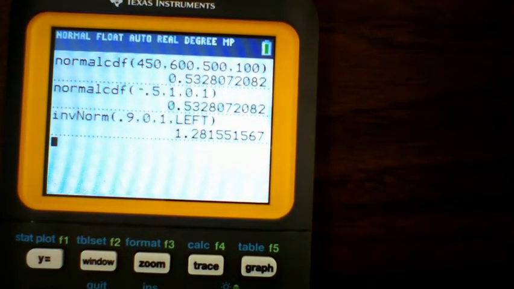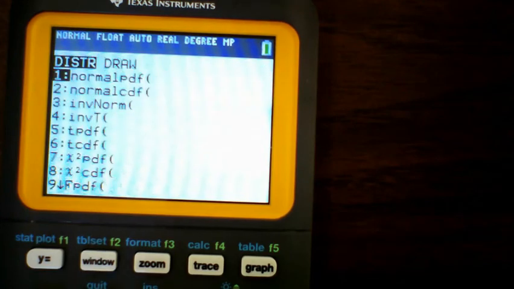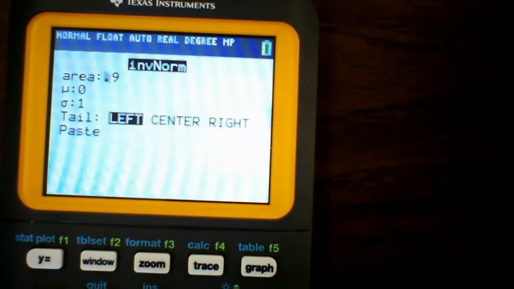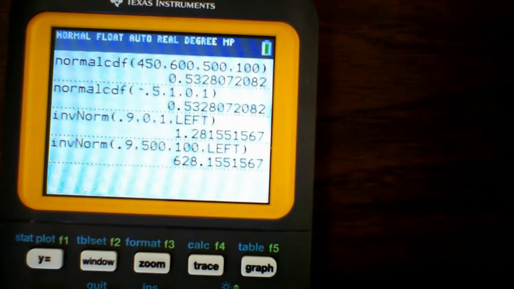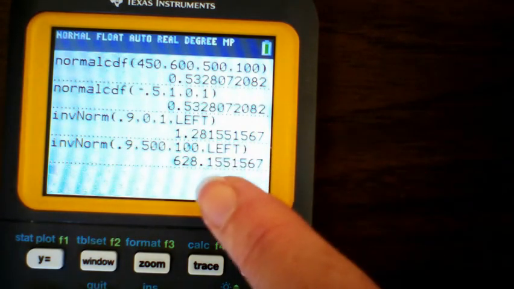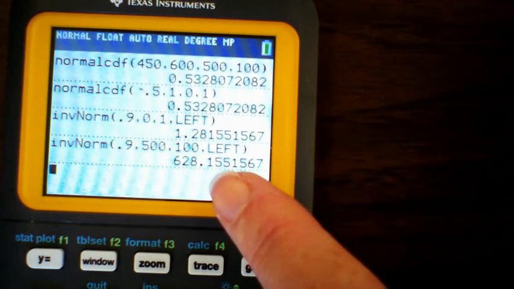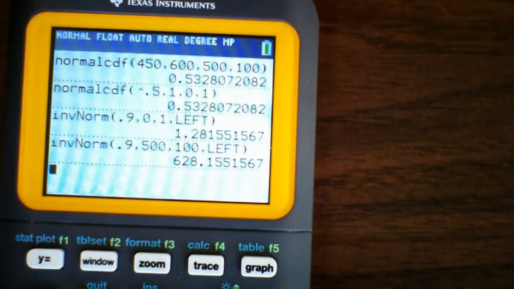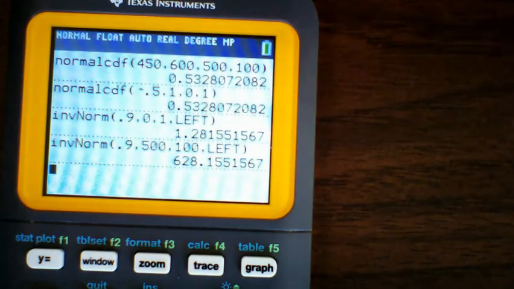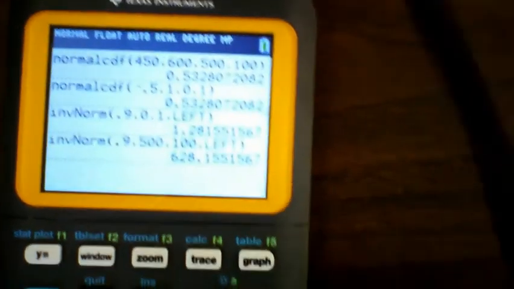And if I go back into distribution and I do this again, same area, but this time I tell it I want the mean of 500 and the standard deviation of 100. Paste that. And that would be the SAT score, 628.2.